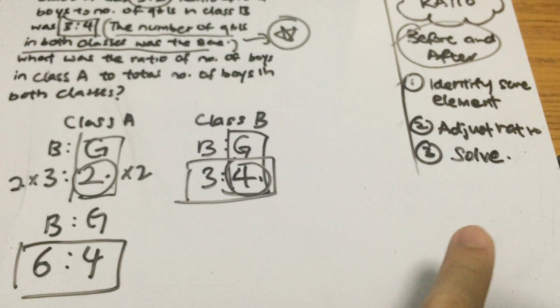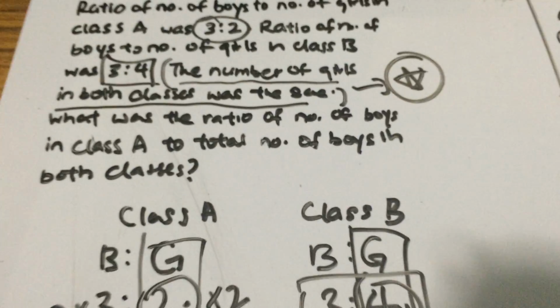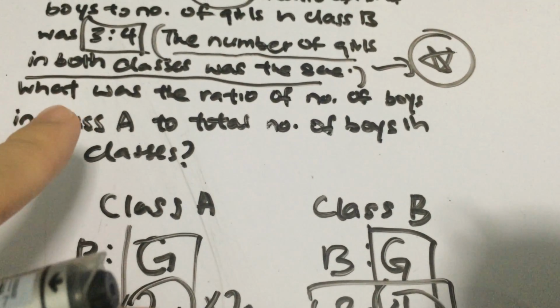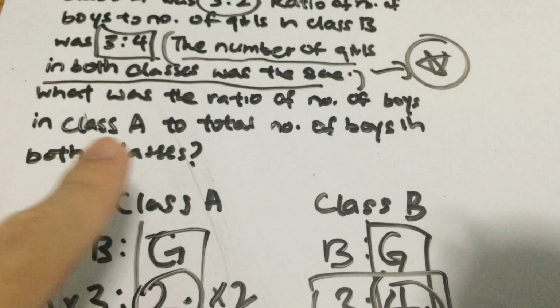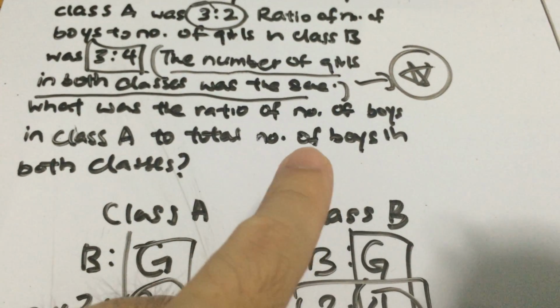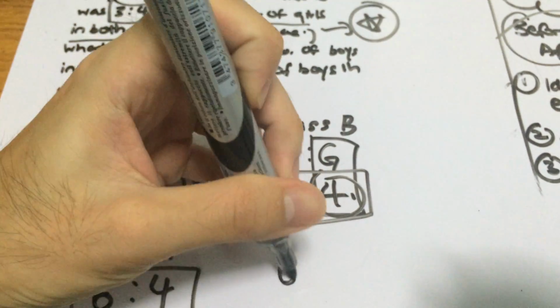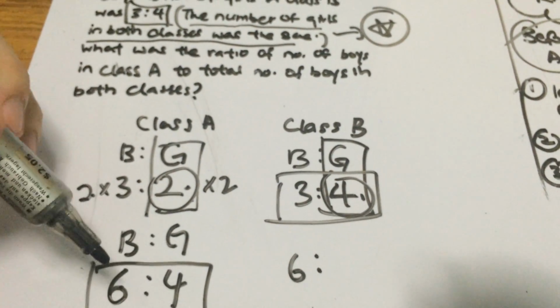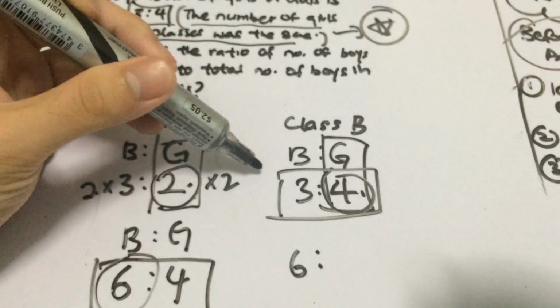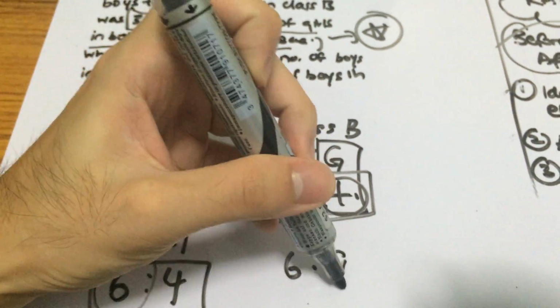And last but not least, we solve the problem. What was the problem? What was the ratio of the number of boys in class A to the total number of boys in both classes? The number of boys in class A is 6, and the total number of boys is how much? 6 plus 3 is 9.